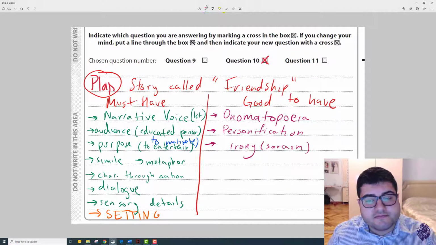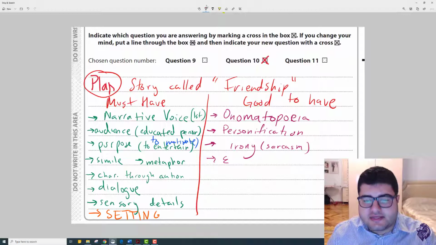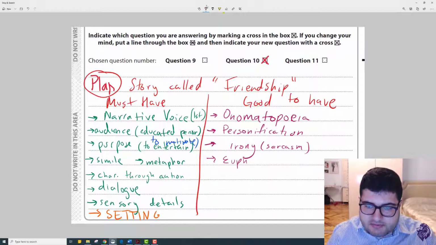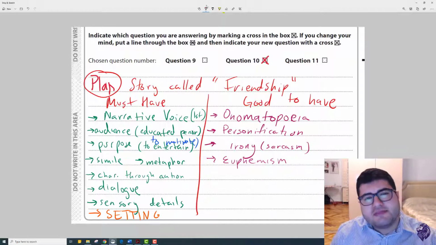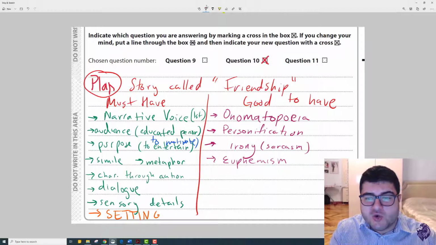Oh, euphemism. Euphemism is, let me just spell it out here. Euphemism is when, instead of saying a thing directly, which might be too harsh or too rude or too inappropriate, we substitute it for a softer phrase.